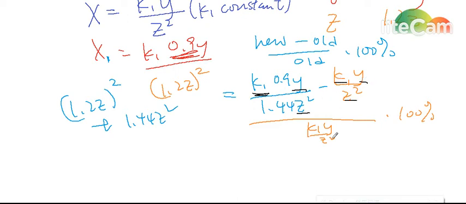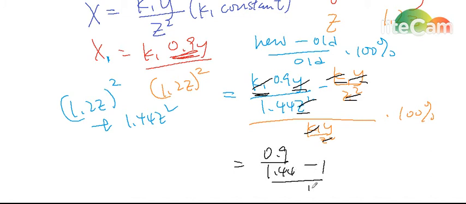Both have the common factor, so we can remove all the k1 and all the y and all the z square, so the rest are 0.9 over 1.44 minus 1 over 1, multiply 100%.